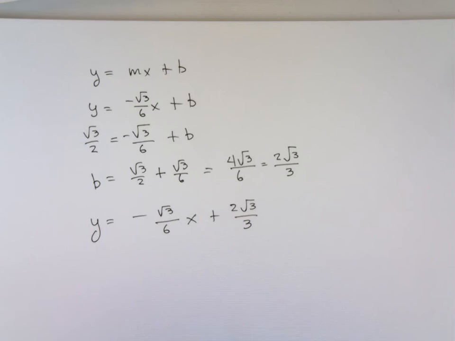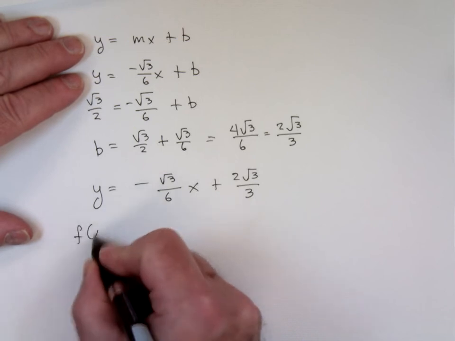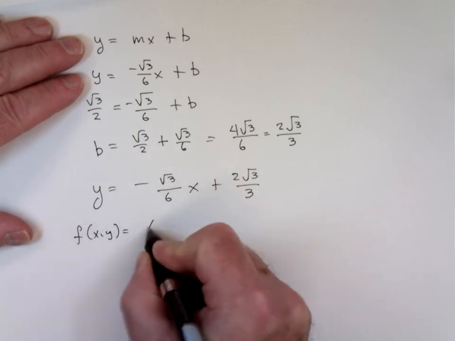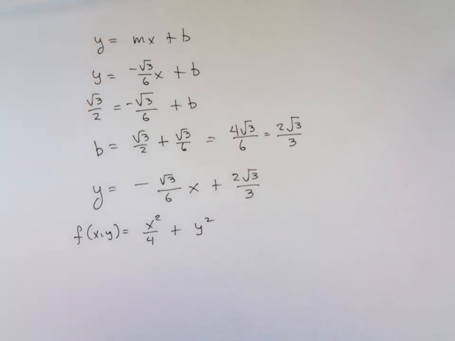Okay? So let's use this one as an example. Here we have a function of 2 variables. This is an ellipsoid kind of a thing, okay? You got level curves that are ellipses.